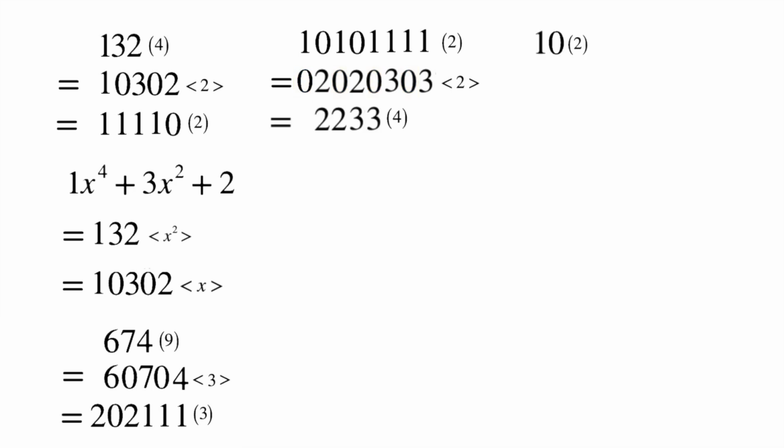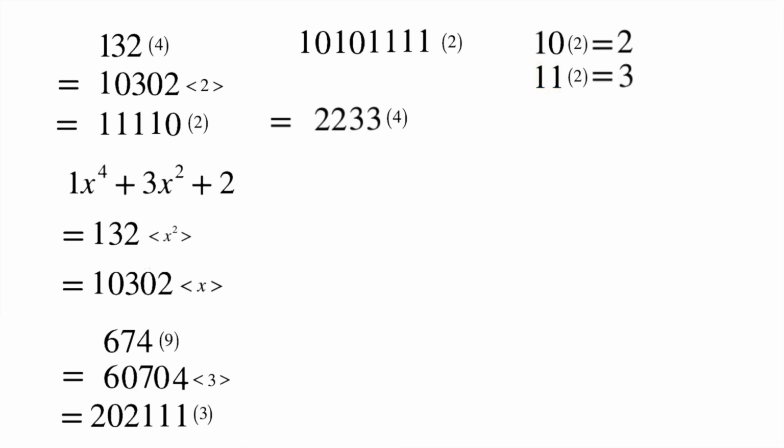Knowing 1-0 as 2 and 1-1, 2 plus 1. You can skip this line, seeing it as 2-digit by 2-digit. 3, 2.